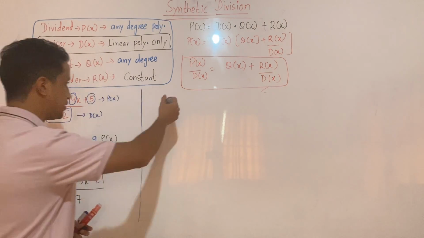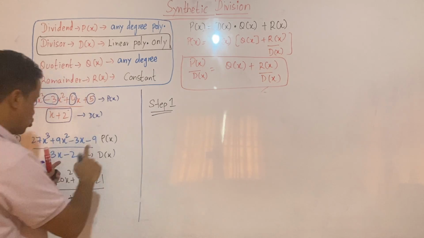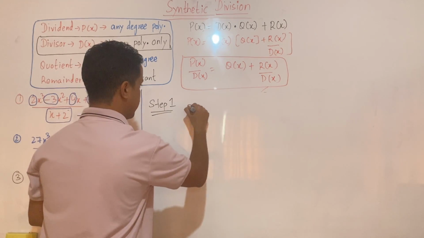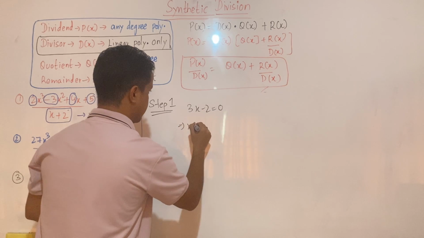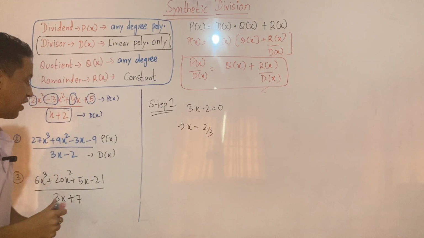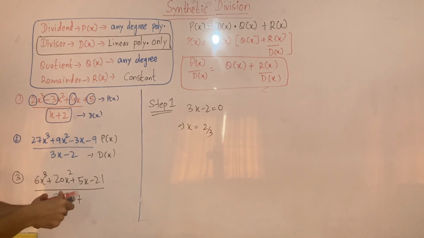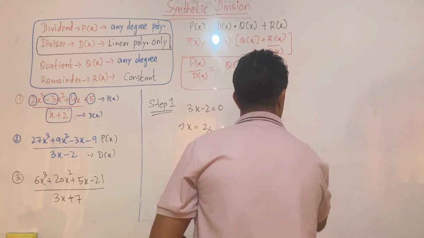So our first step would be to equate the denominator to 0 and find the value of x. So here x will have the value 2 by 3. Now we'll start synthetic division.